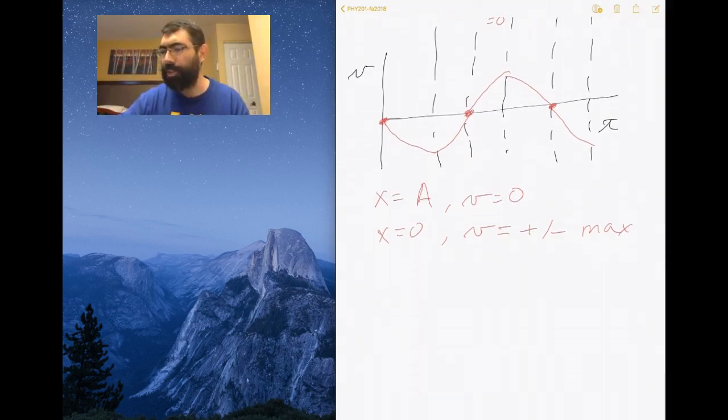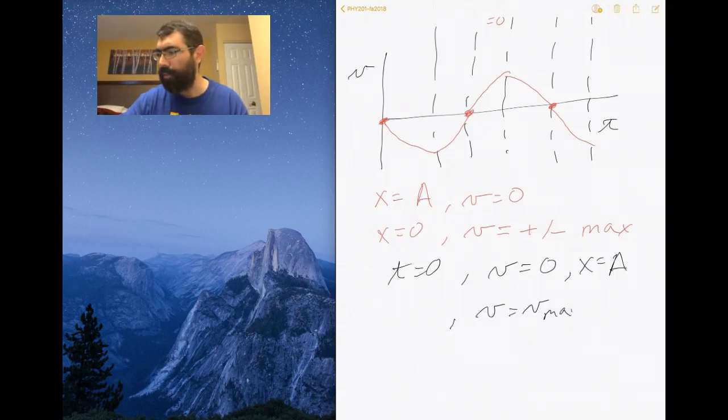So now I need a function where t equals 0, v equals 0, x is at its amplitude, and when v is v max, right here, x is 0.